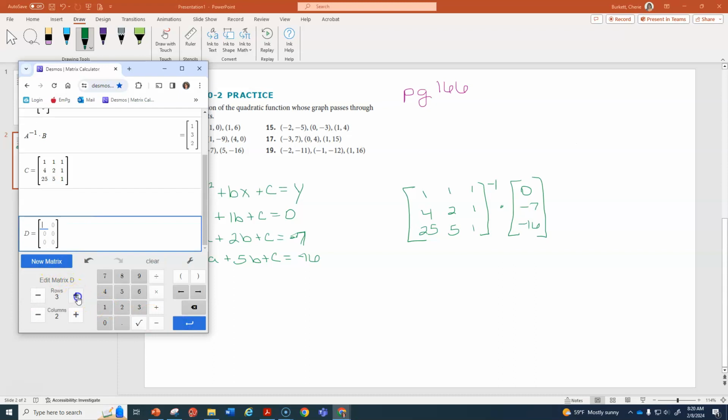This one needs to be a 3 by 1, and that is 0, tab, -7, tab, -16. Oh, I put decimals, not negatives. Negative.